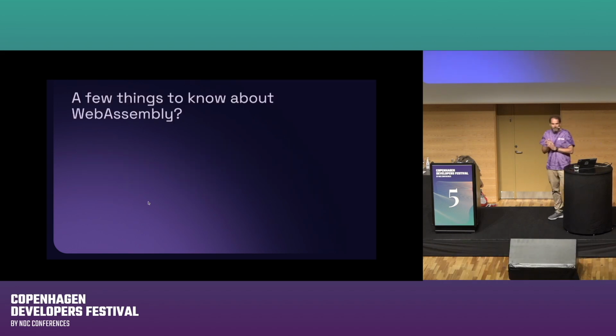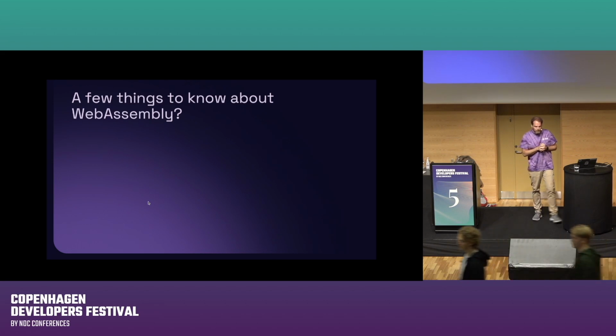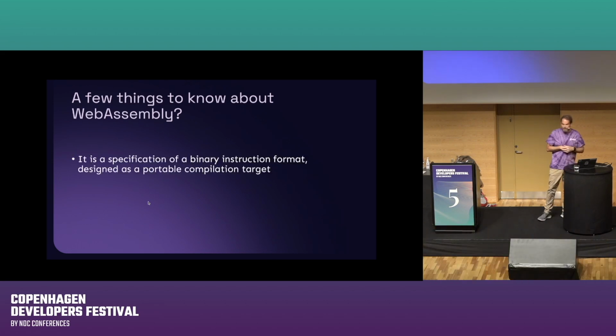Okay, so let's start with a few things that are good to know about WebAssembly. WebAssembly is a specification of a binary instruction format, which is designed as a compatible compilation target. That could be a Java virtual machine, that could be a lot of different things. But the main thing to think about here is that there are some design criteria around the WebAssembly specification to have a common compilation target that can be ported across operating systems and processing architectures.